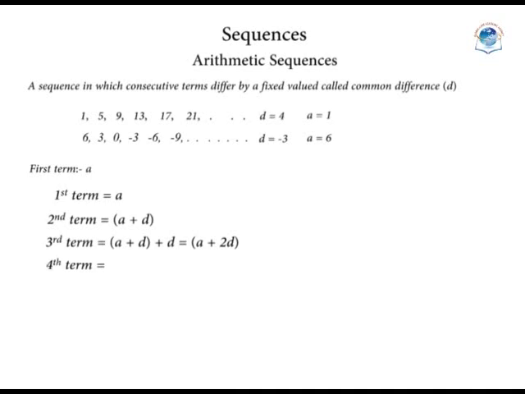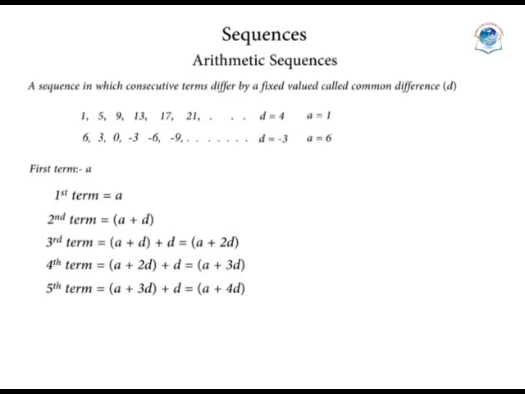The fourth term is obtained by adding D to the third term, and so we shall have A plus 2D plus D, giving us A plus 3D. The fifth term is obtained by adding D to the fourth term, and so we shall have A plus 3D plus D, giving us A plus 4D.